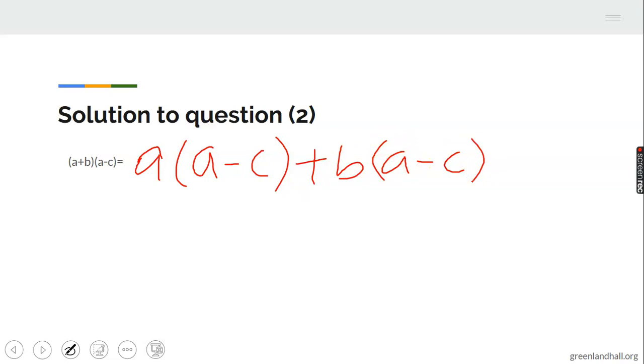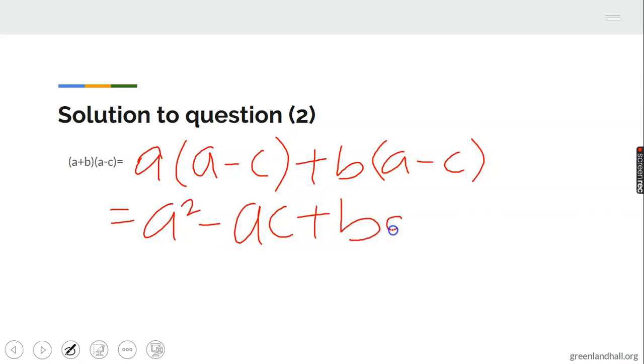Are you following? Now, a multiplied by a will give us a squared, minus a multiplied by c, that will be ac, plus ba minus bc. That's all. As simple as it is.